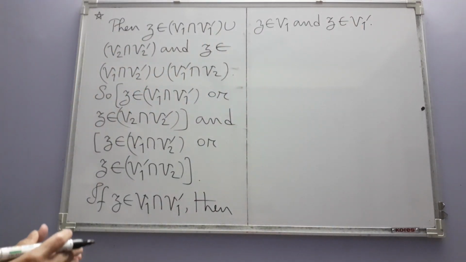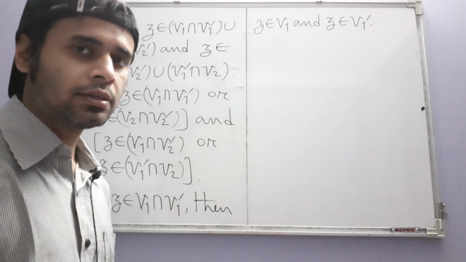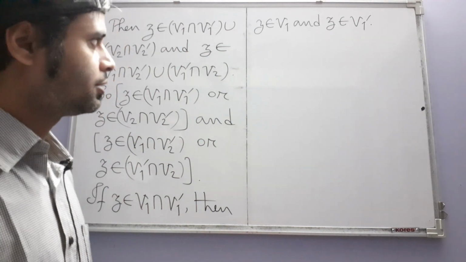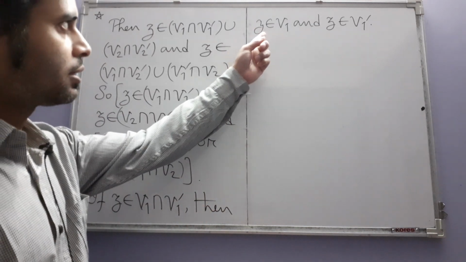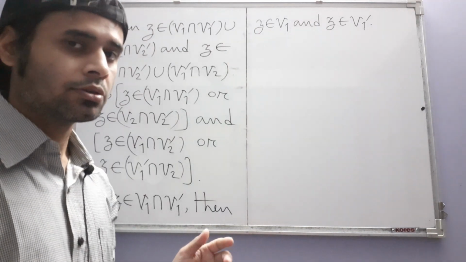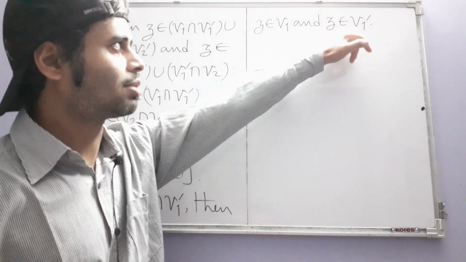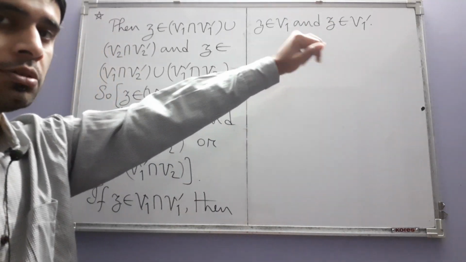Now because V1 and V2 are disjoint due to them forming a partition, our vertex cannot simultaneously belong to V2. Similarly, because of this thing, our vertex cannot belong to V2 prime.